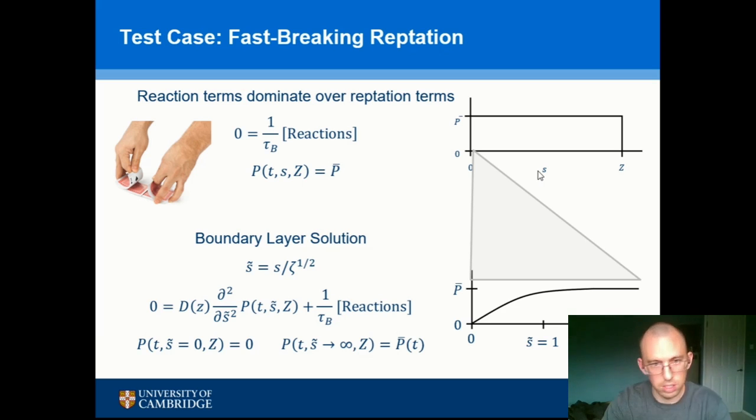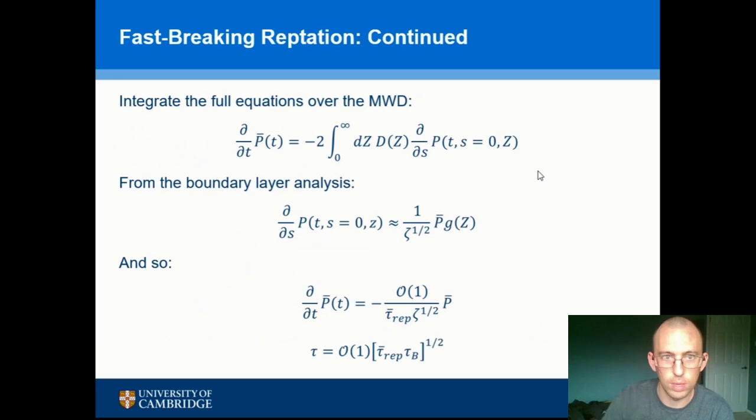So we're not going to discuss the detailed solution to that boundary layer, but what we can show is that if you return to the full governing equations for the tube survival equation, and you integrate over the molecular weight distribution, you integrate over all contour positions, the first thing that happens is all of the population balance terms drop out because those are conservative.